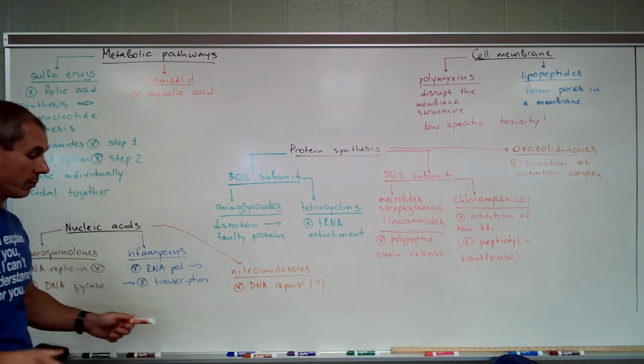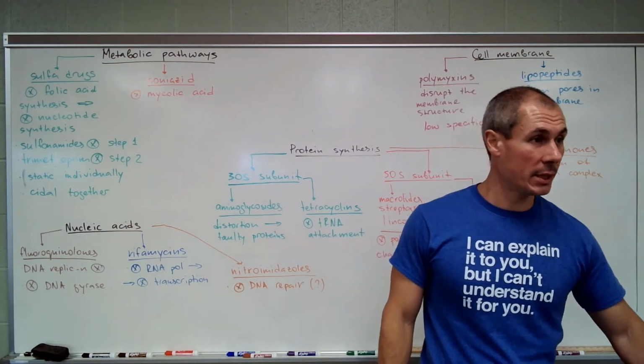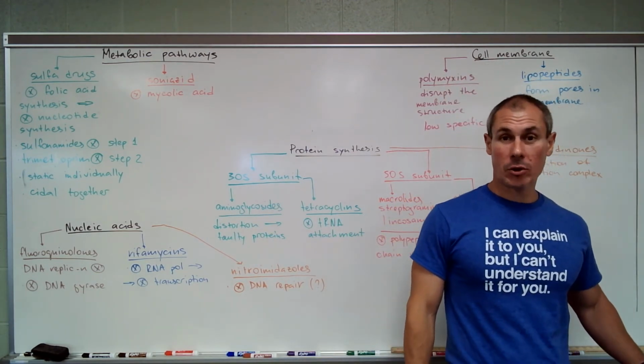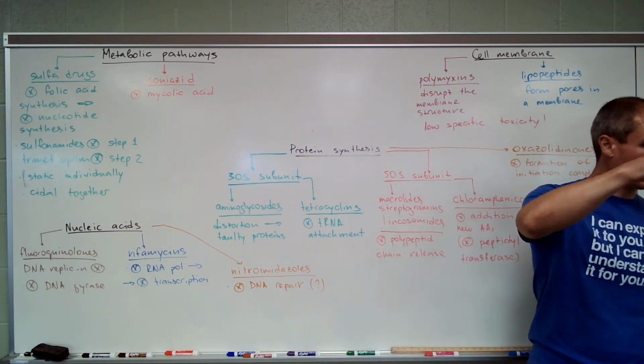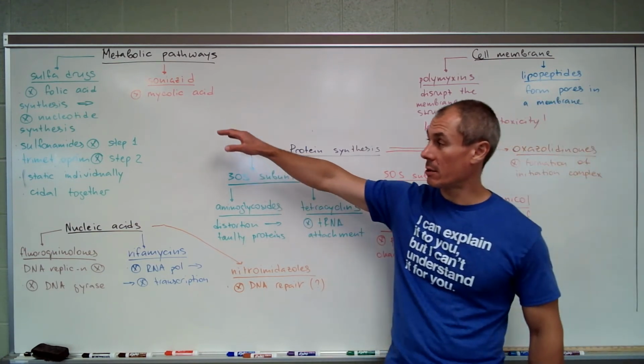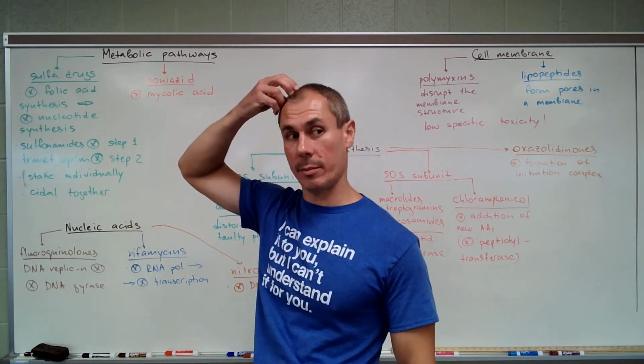Mycolic acid should sound familiar, shouldn't it? Remember we're talking about mycobacteria, the gram-positive cells that have a layer of mycolic acid outside of the cell wall. So isoniazid inhibits synthesis of mycolic acid, inhibiting the growth of mycobacteria.